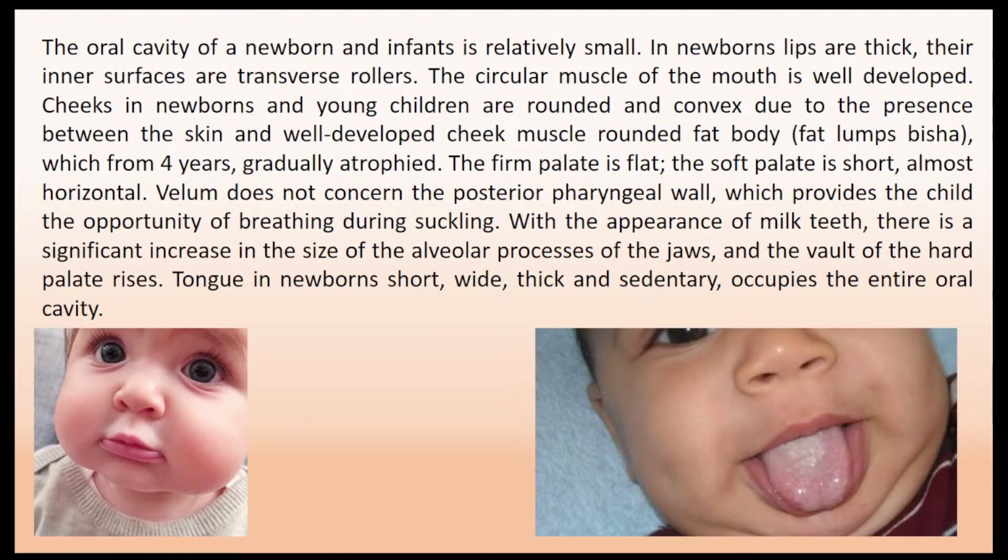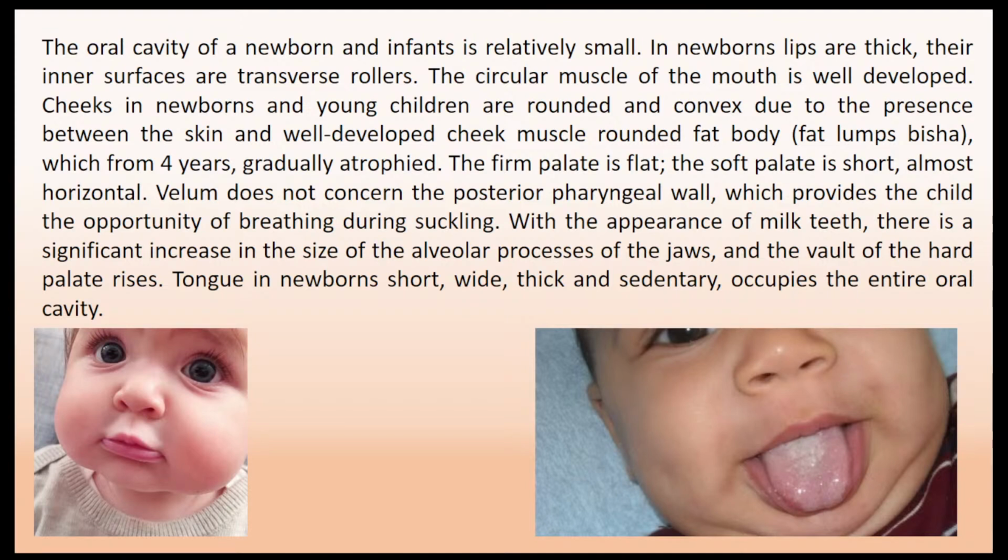Oral cavity. The oral cavity of a newborn and infants is relatively small. In the newborn, lips are thick, and their inner surface has transverse rollers. The circular muscle of the mouth is well developed.